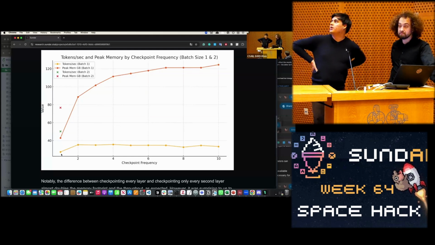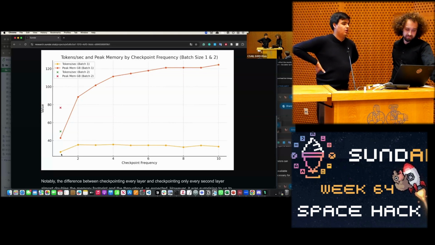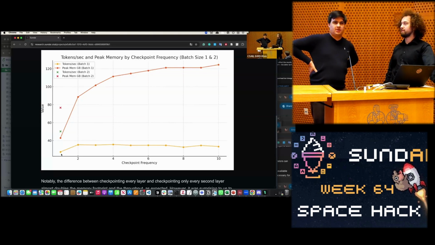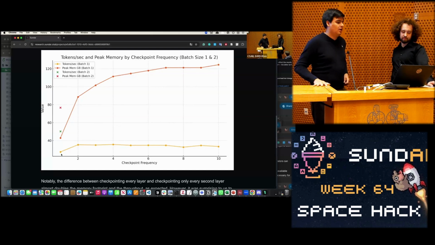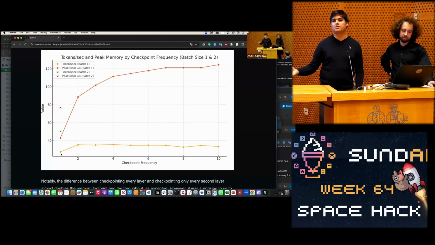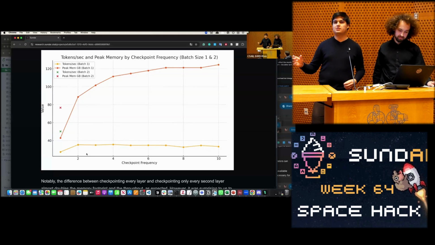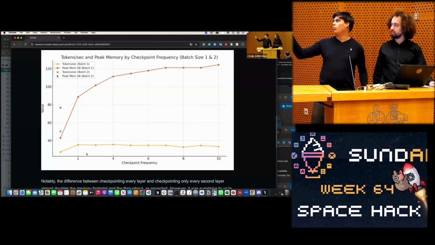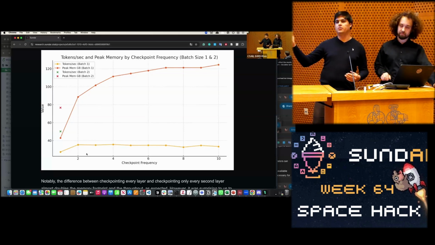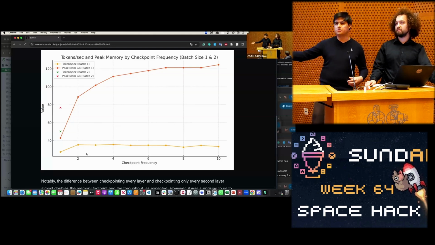Ideally, we don't want to get more than 100-something gigabytes, because then we get out of memory. The yellow line is how many thousand tokens per second on average the model takes, and the x-axis is the checkpoint frequency.